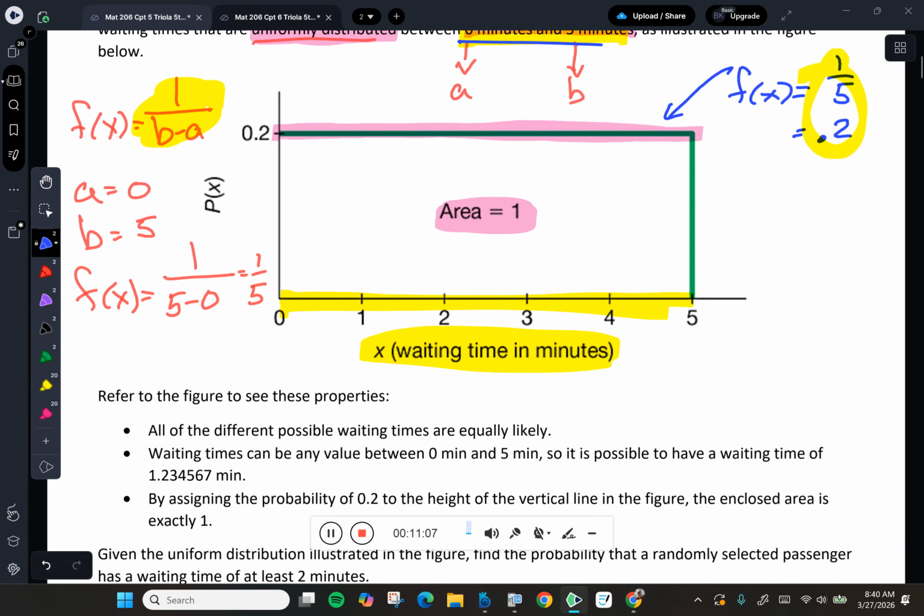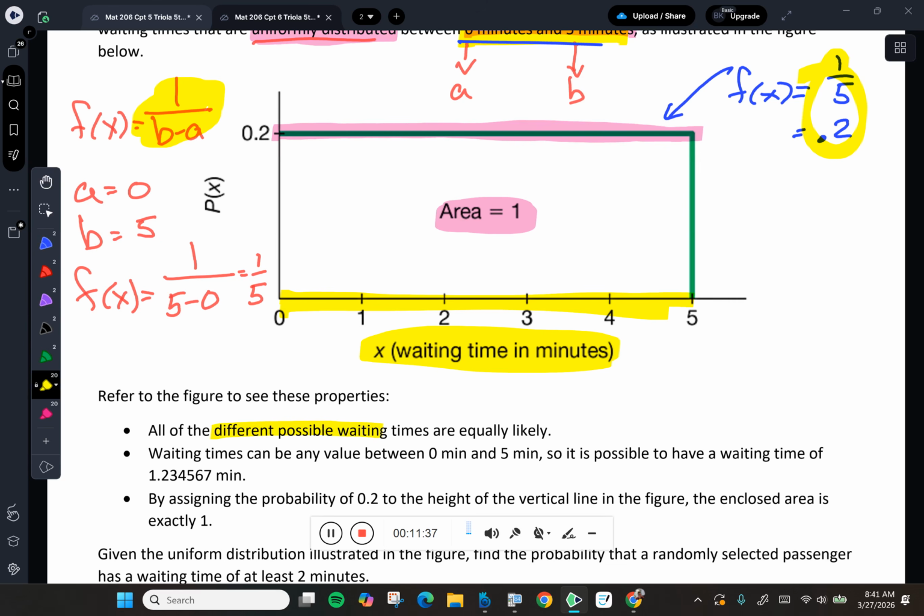All right. So when I'm looking at this uniform scenario, I'm recognizing some behavior, some truths, I guess we'll say, about the probabilities. One is that all different possible waiting times are equally likely. Since the probability down here and the probability up here is the same, the chance of a short wait, 0 to 1 to 2 minutes, is the same as 3 to 4 to 5. Okay?